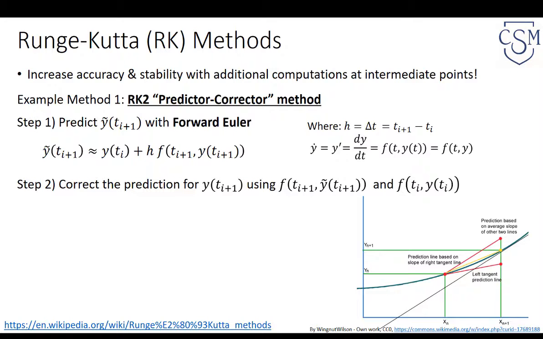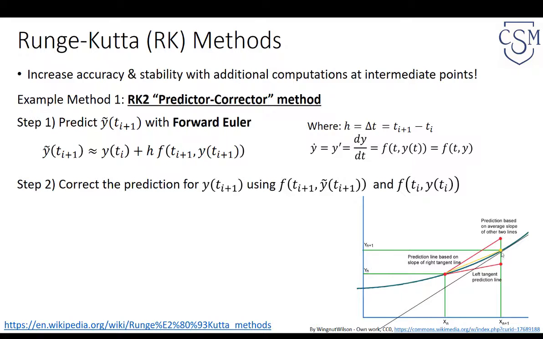Here we have a graph showing the tangent line at ti, which gives the predicted value of y, and then the slope at this predicted value of y, the second prediction.